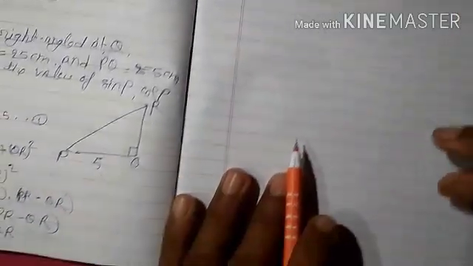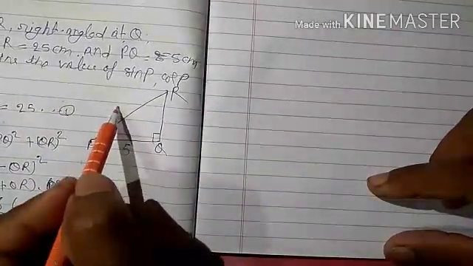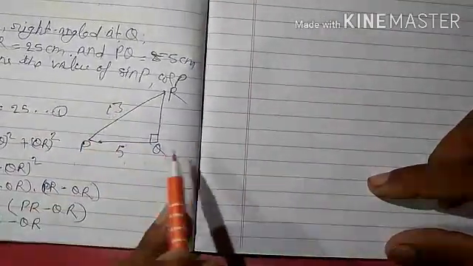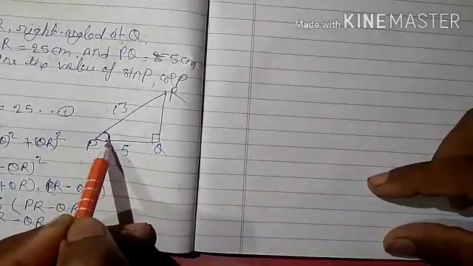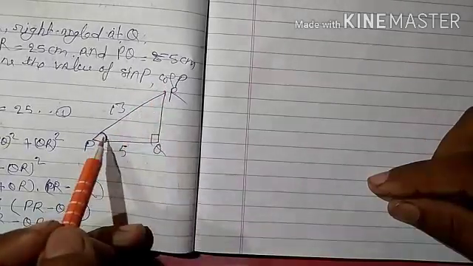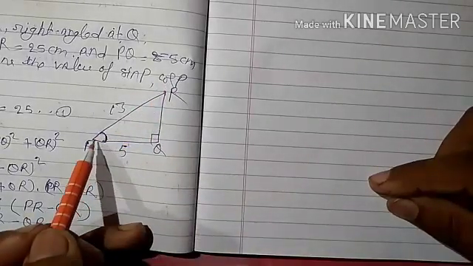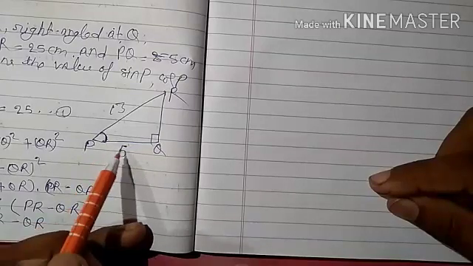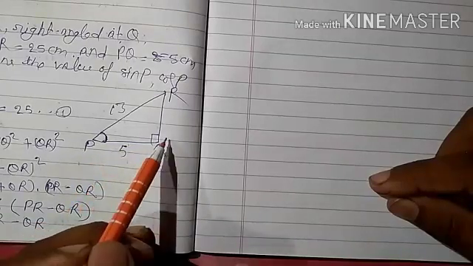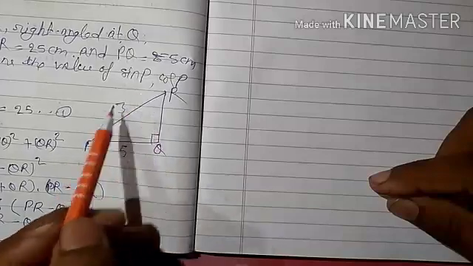PR is the hypotenuse. So we have to find sin P, cos P and tan P.